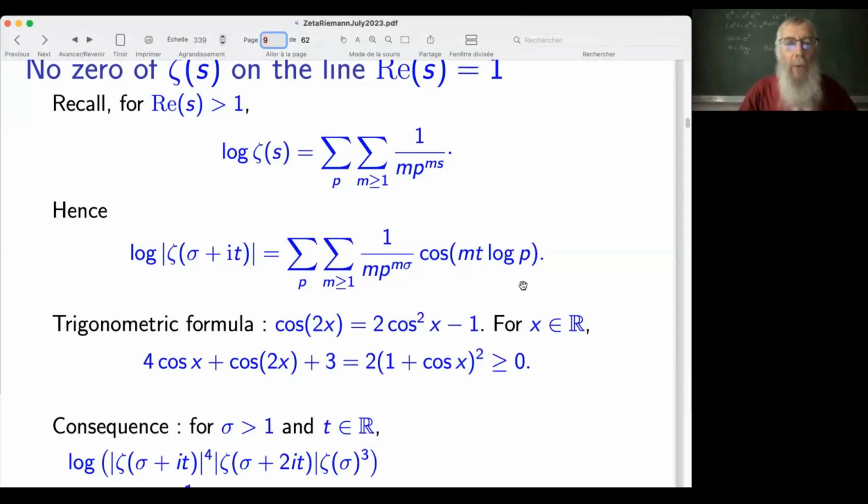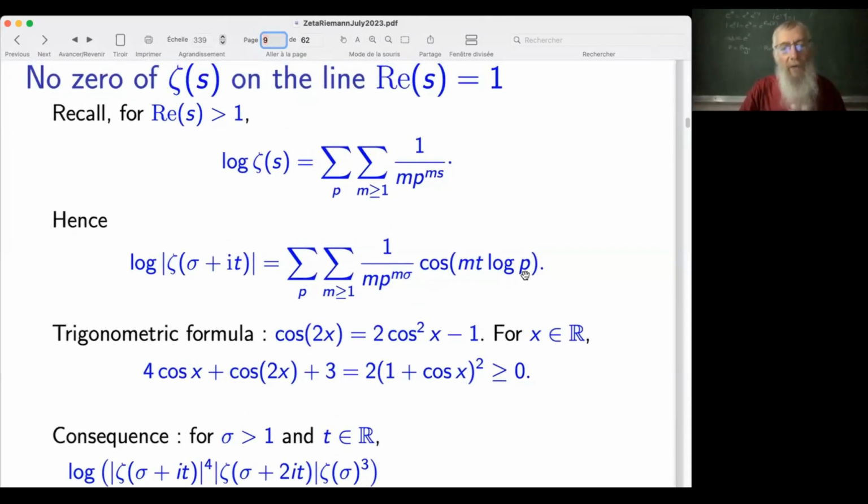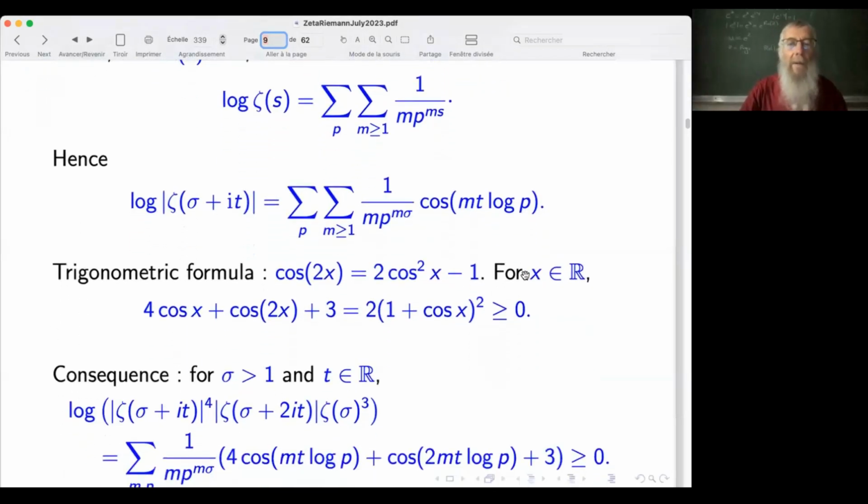Okay, so if we take the logarithm of the modulus of zeta of s, we have the real part of what is here. What is the real part of p to the minus ms? s is a complex number, it's sigma plus it. We have to take the real part, and we have the cosine of mt log p. And now we will use a trigonometric formula.